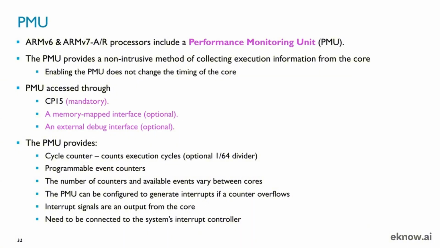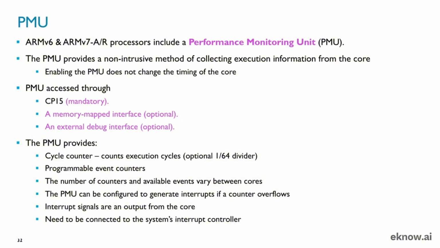One of the most important features of the PMU is that it's non-intrusive. What does that mean? It means that when you enable the PMU to collect data, it doesn't slow down the processor or change the timing of its operations. The act of measuring doesn't interfere with what's being measured. This is crucial for getting accurate performance data.